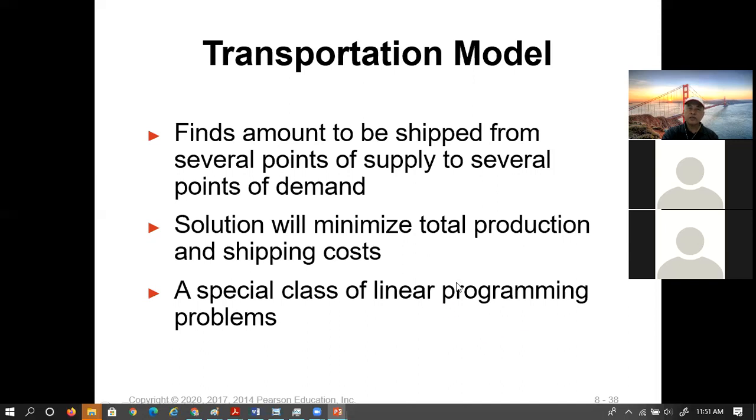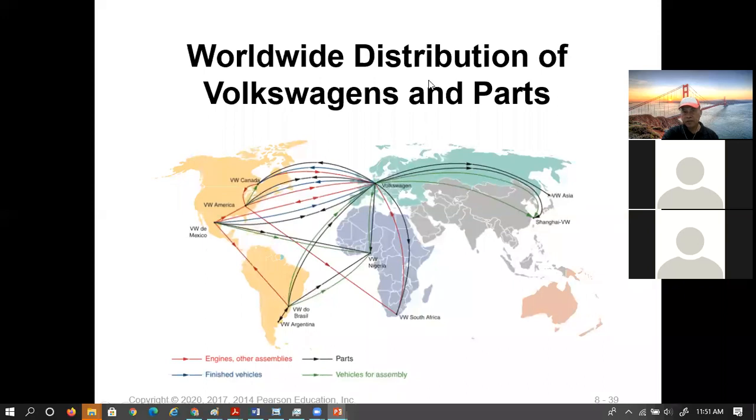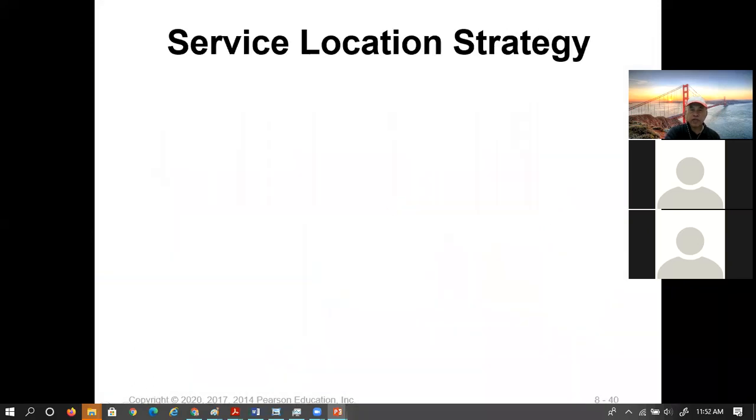So this is an example of the transportation method analysis, where the vehicle will transport the parts, or any vehicle: green and black for parts, blue for finished vehicles, red for engines and other assembly. So that is based on the transportation method, the availability of the transportation.